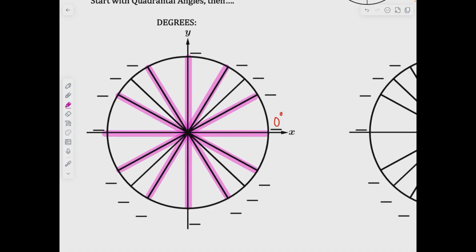Okay, everything in pink is a multiple of 30. So what that means is 30 degrees, 60 degrees, 90 degrees, 120, 150, 180, add another 30, add another 30, add another 30, and then 360. So that one's easy.